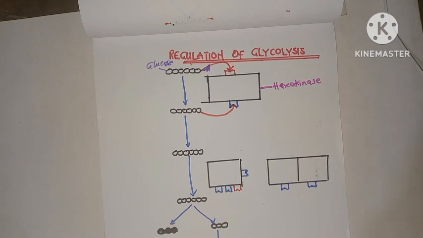And also, glucagon is released when we have low blood glucose levels, because we need glucose in the bloodstream. So whenever there's low blood glucose level, glucagon is released in order to help us maintain glucose in the bloodstream.